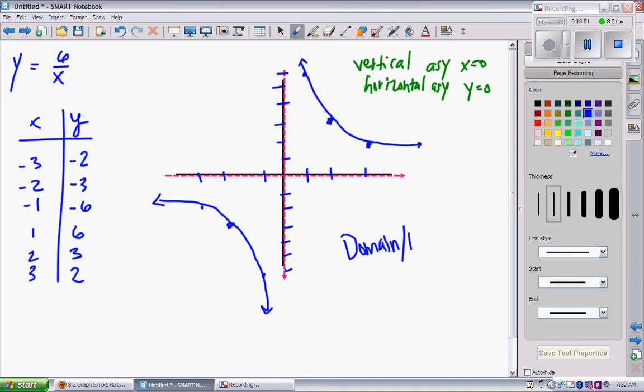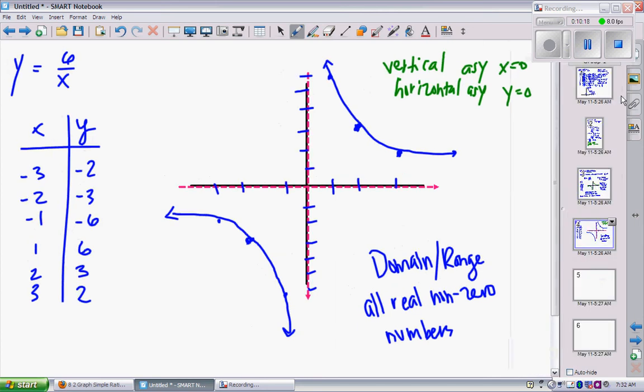So your domain and range are all real non-zero numbers. Remember, it can't equal 0. That's how you graph one of these functions.